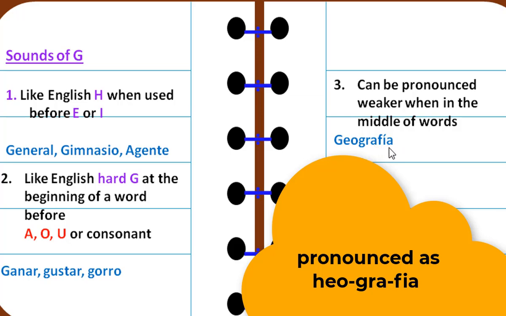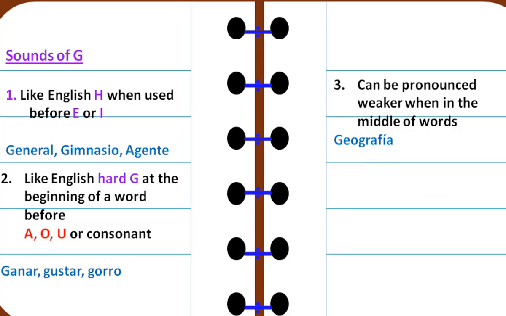And third syllable is fia. Heografía. So you see, when we are saying gra, we are not putting a lot of stress on it. Just a weak sound, and we are okay with it. So that's the different sounds of G.